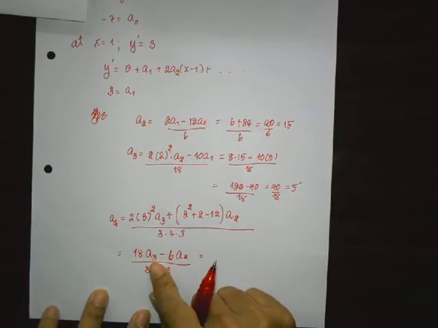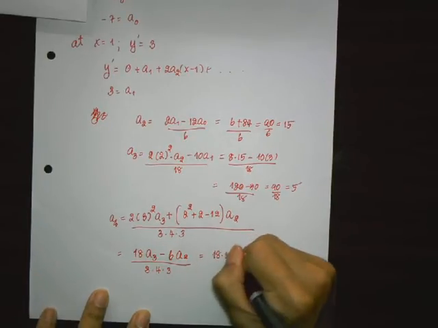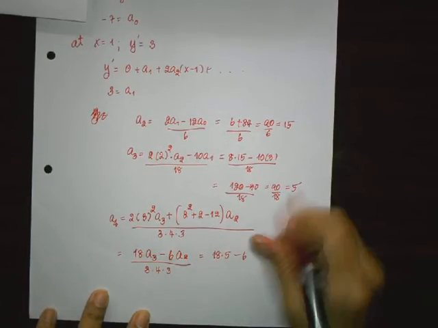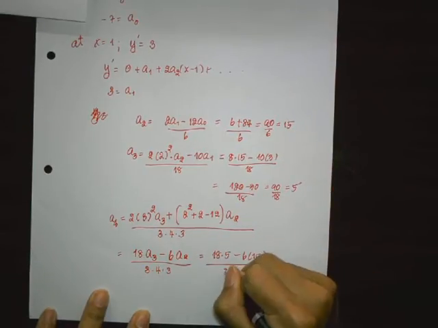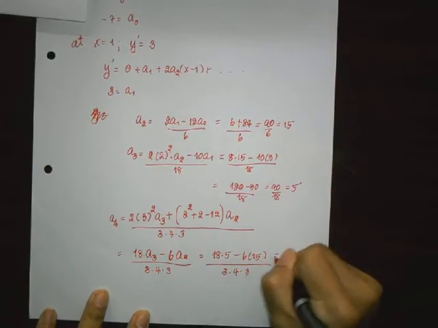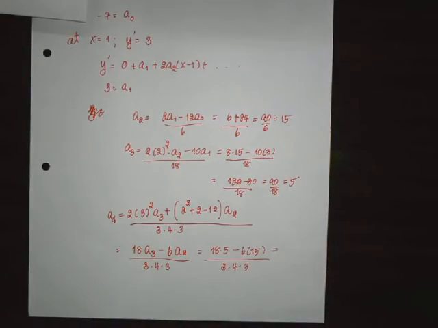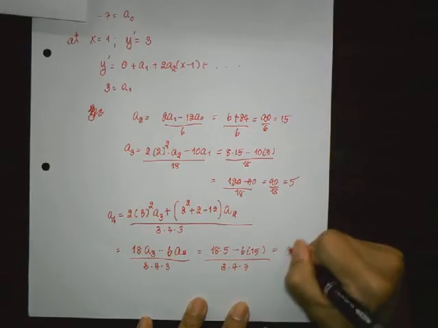So 18 times 5 minus 6 times 15 equal to 90 minus 90, equal to 0. So a4 is 0.